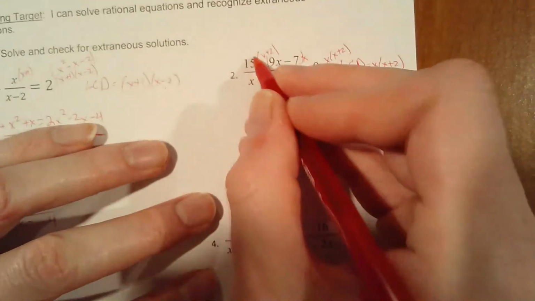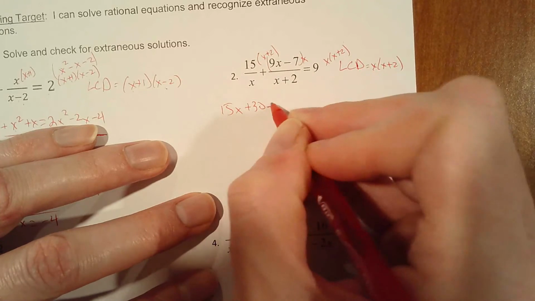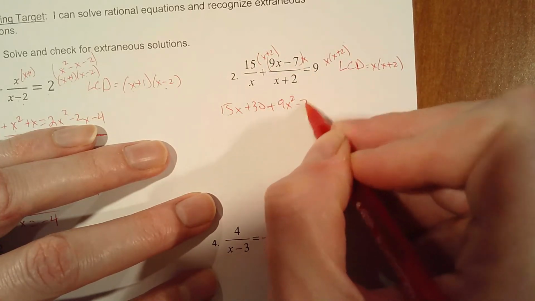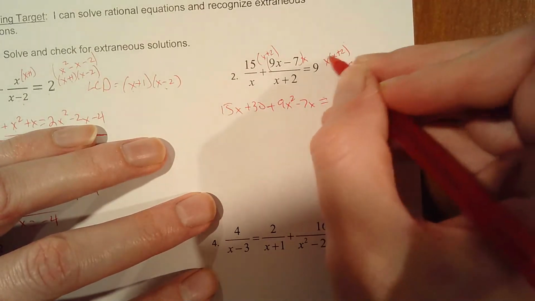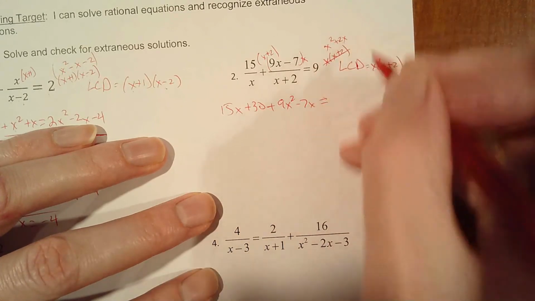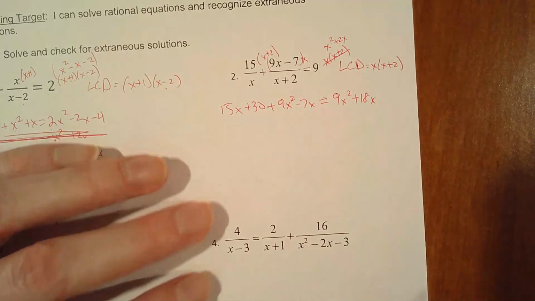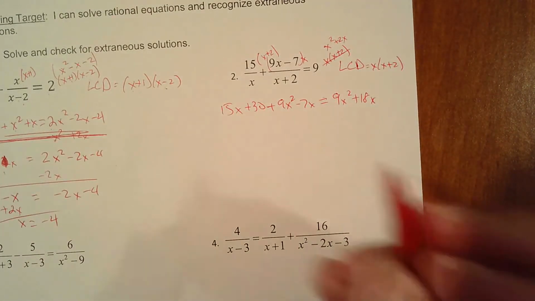So on this side, I got 15x plus 30 plus 9x squared minus 7x. And then on the right side, this would be x squared plus 2x. When I multiply those together and distribute the 9 out, so 9x squared plus 18x. Okay, so do some combining here.